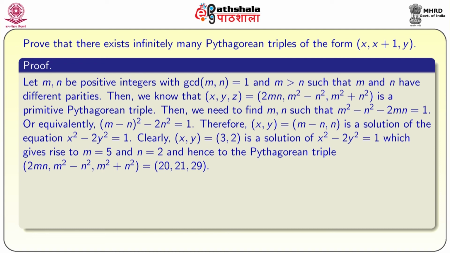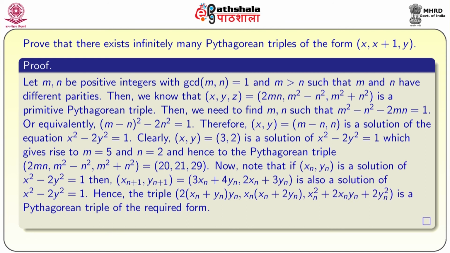Hence, the Pythagoras triple (2mn, m²−n², m²+n²) is (20, 21, 29). Now note that if (x_n, y_n) is a solution of x² − 2y² = 1, then (3x_n + 4y_n, 2x_n + 3y_n) is also a solution of x² − 2y² = 1.